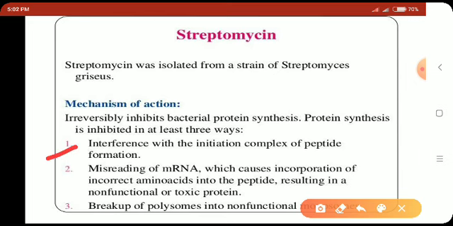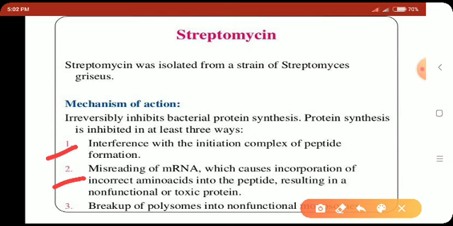First, interference with the initiation complex of peptide formation. This is the first way to inhibit bacterial protein synthesis.